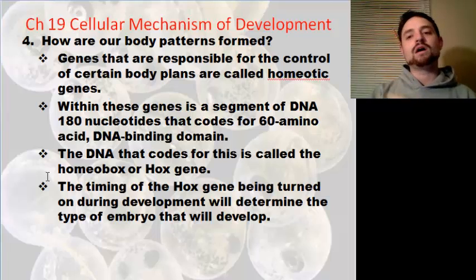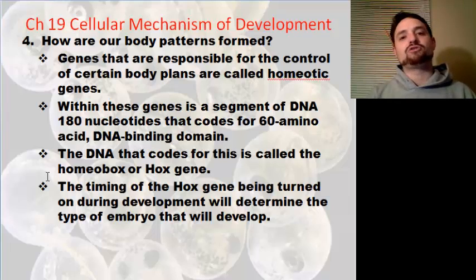The timing of the homeotic genes is controlled by when the Hox gene is turned on during development. So if the Hox gene is turned on early, then that structure will be very complex. If it's turned on later in development, maybe that structure will be very minor.